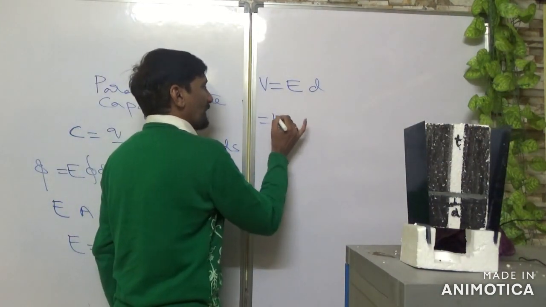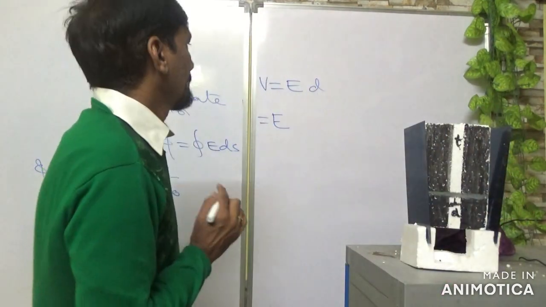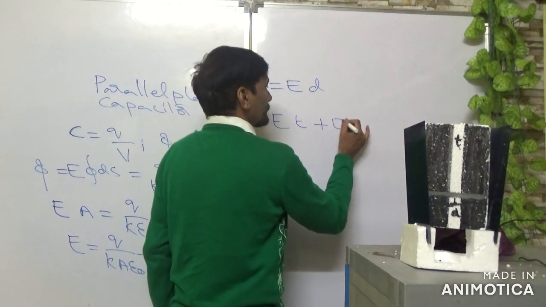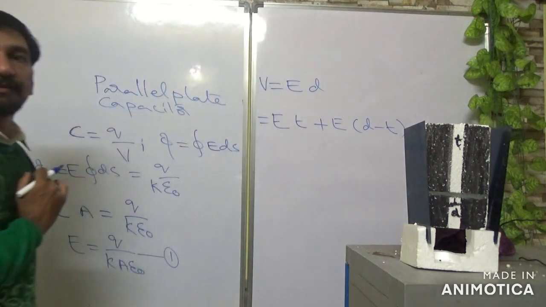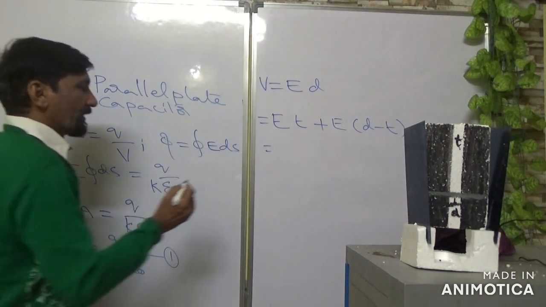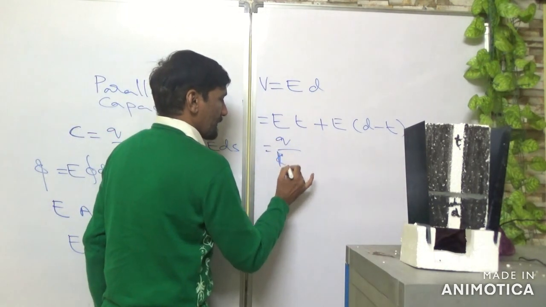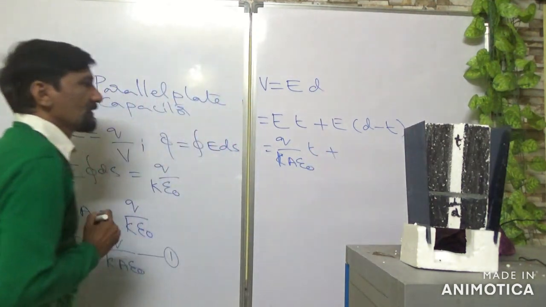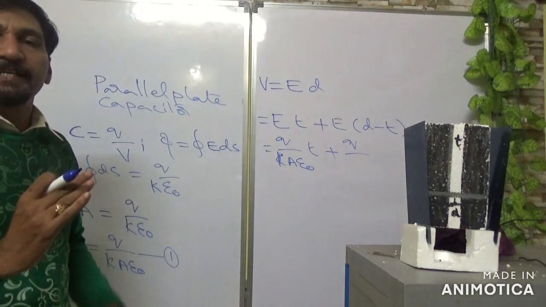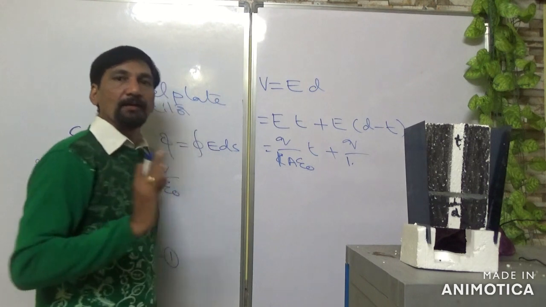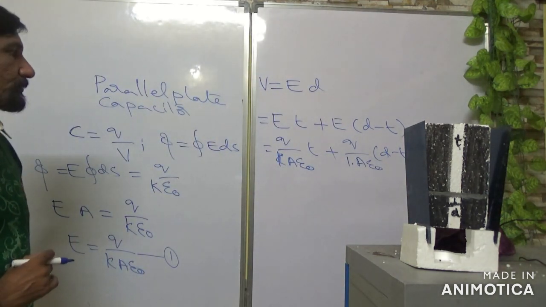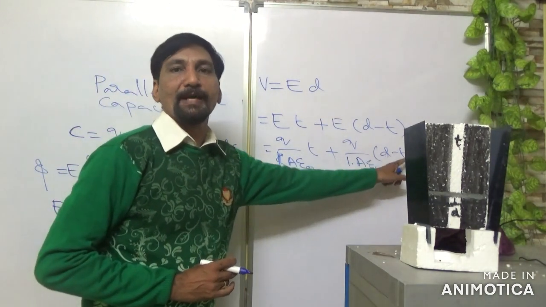So the strength of electric field into this corresponding thickness, taken as T, plus the remaining distance, that is D minus T. So E inside means Q by K A epsilon naught into thickness, plus the other part, Q by, over here the dielectric is air, the remaining space is air, so that is why the dielectric constant value is taken as 1, into A epsilon naught of D minus T. Okay, Q by A epsilon naught of D minus T.